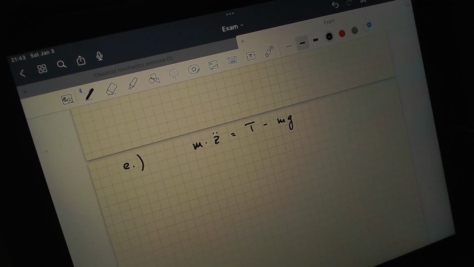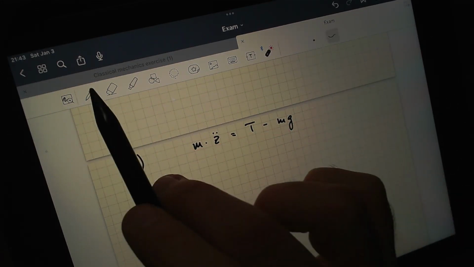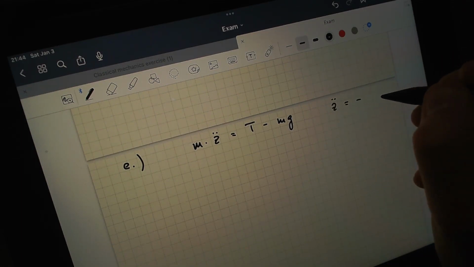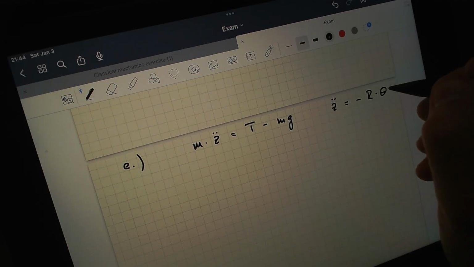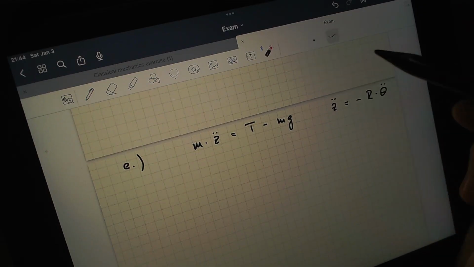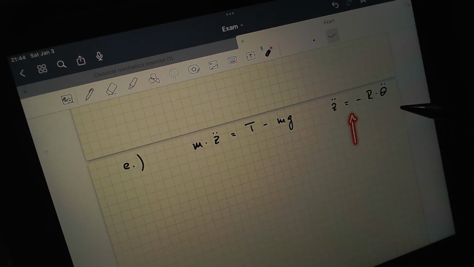Okay, so we have to write down the equations of motion for the system. This is the first equation for the mass m, and we know that the acceleration for m can be written as minus r times the second order derivative of theta with respect to time. Here basically we are saying that the acceleration in the z direction is given by this product where we have the angular acceleration.